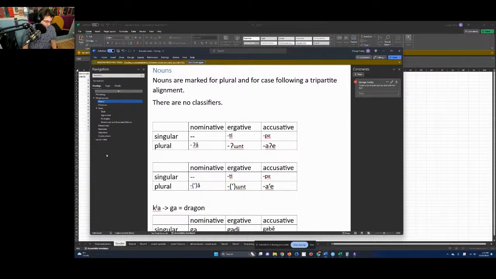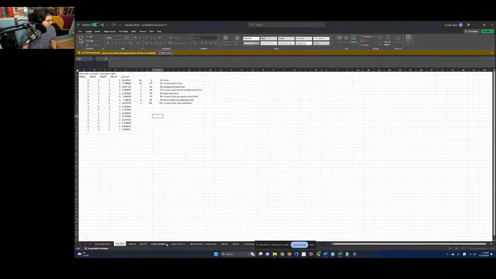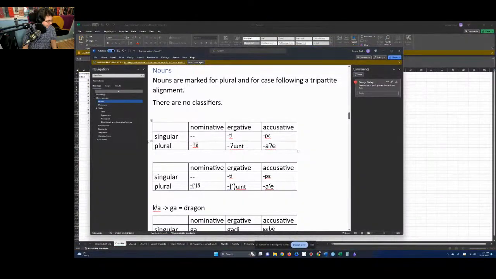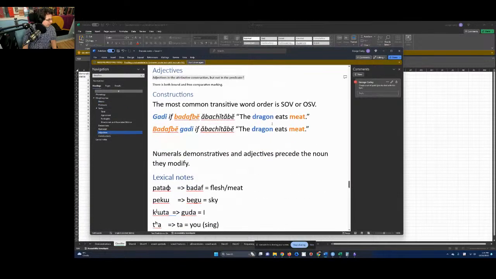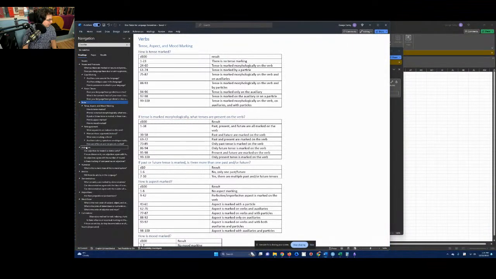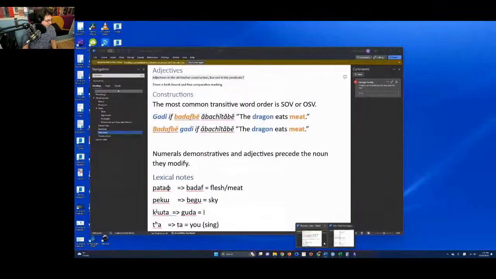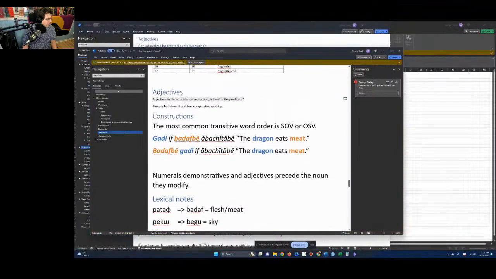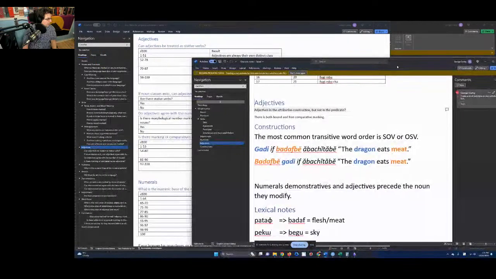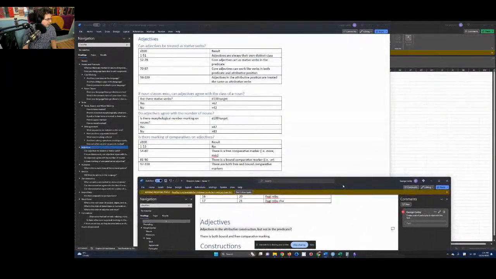What else did I think about rolling? We've got adjectives. What nice tables do I have for adjectives? What have I determined about adjectives? There's both bound and free.